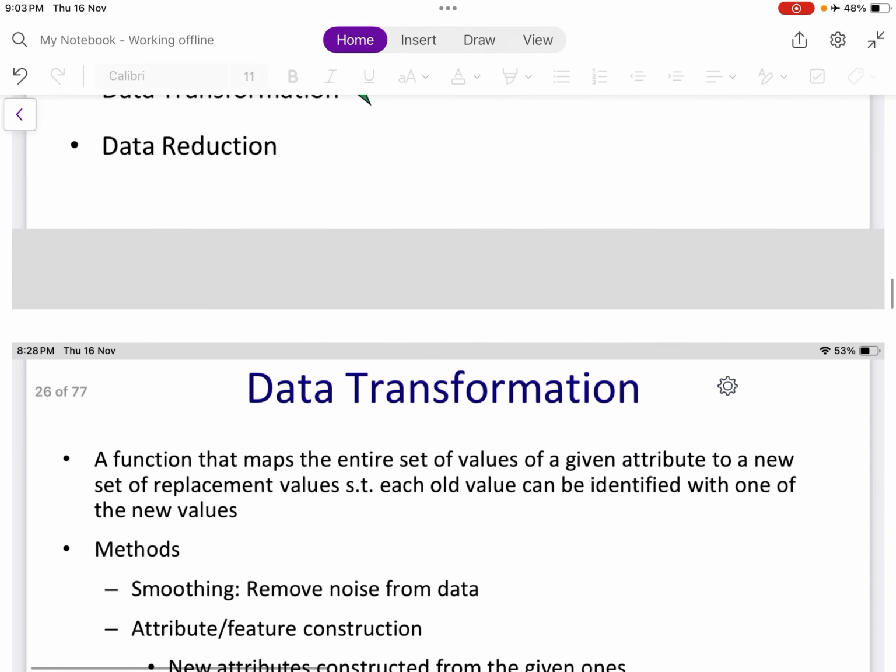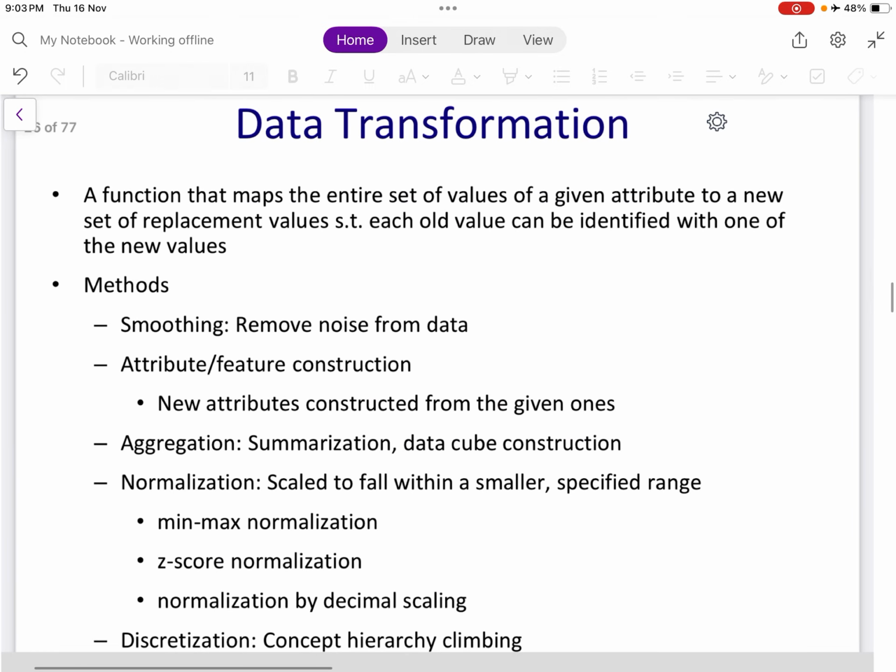Next is data transformation. A function that maps the entire set of values of a given attribute to a new set of replacement values such that each old value can be identified with one of the new values.